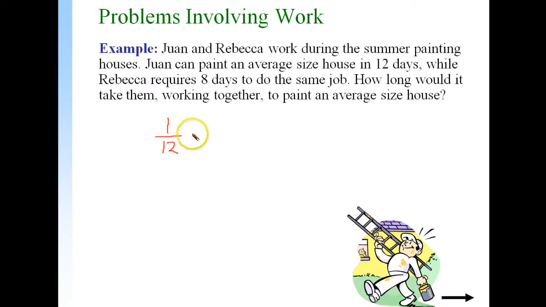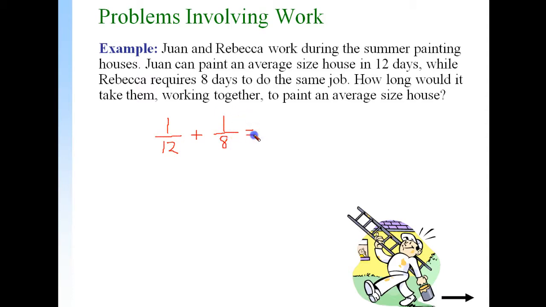So that's his rate. Now, how long does it take Rebecca? 8 days. So in one day, she can get 1/8 of the house done. So these are their rates, Juan's rate, Rebecca's rate.